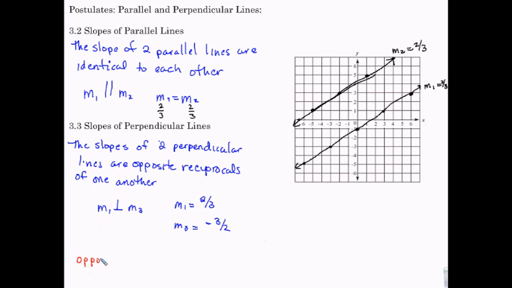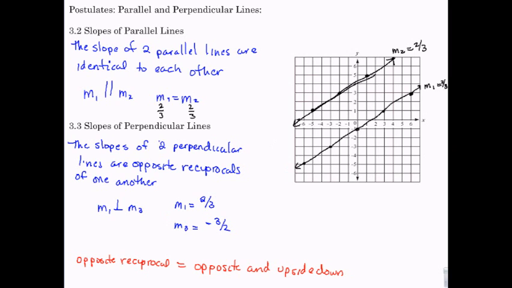Opposite reciprocal is opposite and upside down. So if one's positive, the other will be negative, and then they'll be flipped.